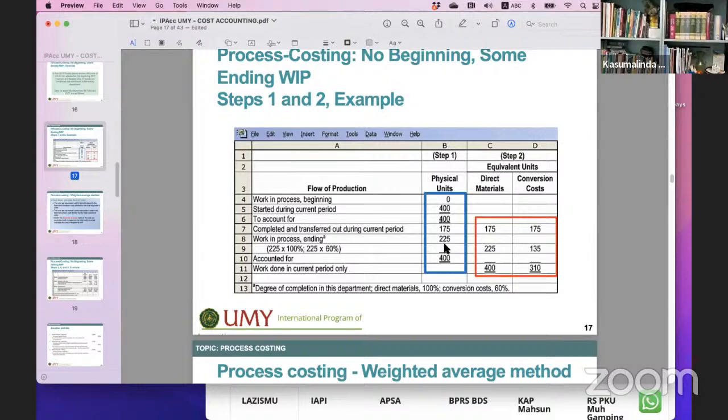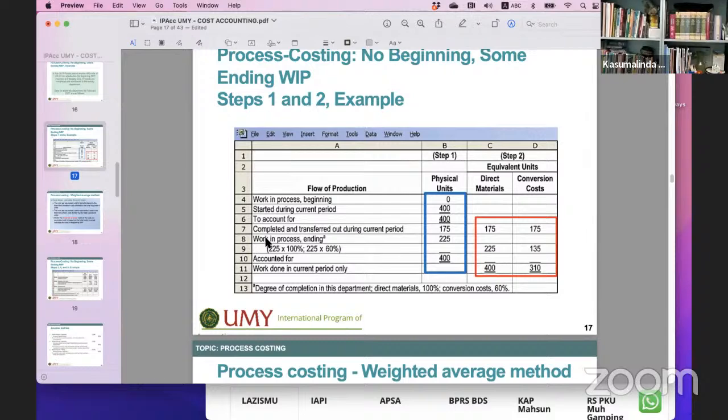But in some questions, they may omit one of the items. For example, they only give you the beginning work in process, the units started, and the units completed. The question doesn't give you the units in ending work in process.